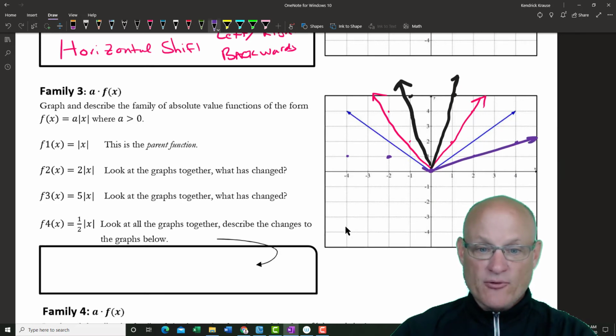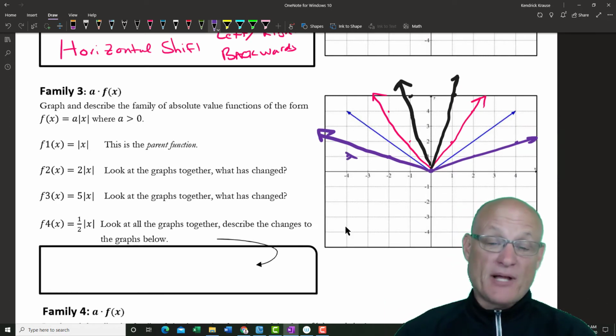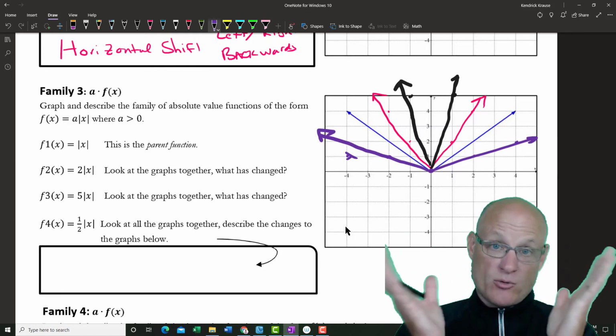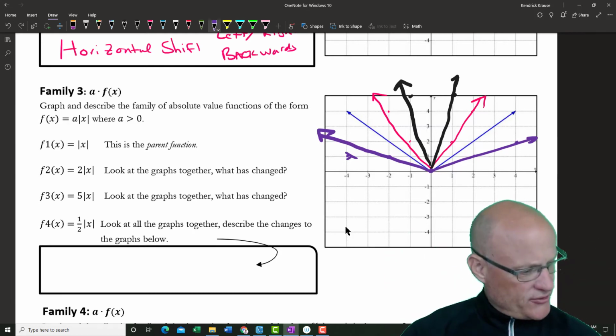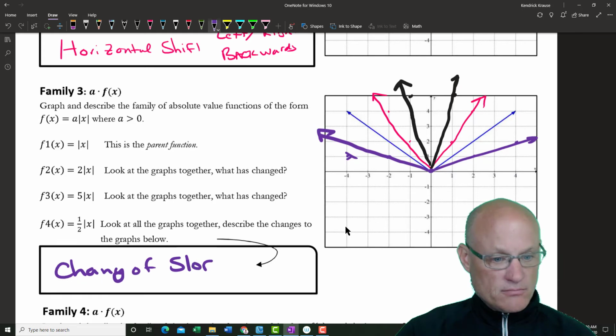The only time the vertex moves is when you add or subtract on the inside or outside. But when you multiply, it just gets steeper or wider. So this is a change of the slope. It gets narrower. How do you spell narrower? 2 R's.